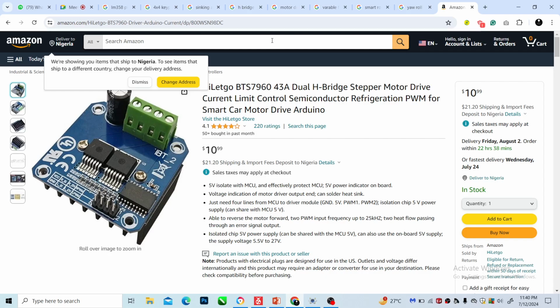Let me try one more that I know will work. There's this one I've been using also, but this is so certain that it's going to work. AliExpress is not bringing it down. I might also share the link to all these particular products so that you can buy them from AliExpress.